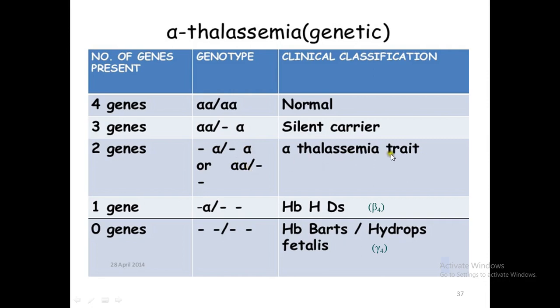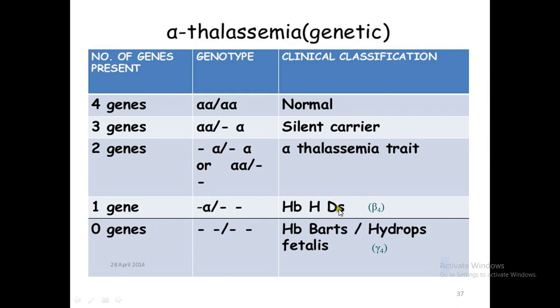This is called alpha thalassemia trait. If there is only one gene which is producing the alpha globin chains, then we say that the genotype is dash alpha and dash dash, meaning only one allele is present. So this is called hemoglobin H disease.